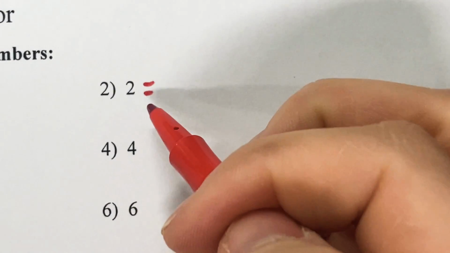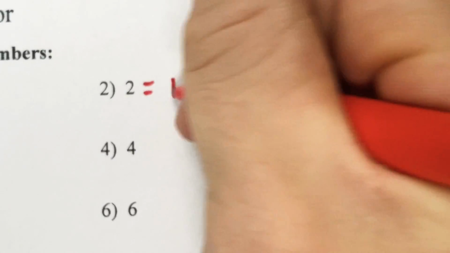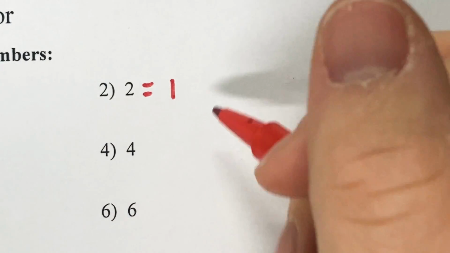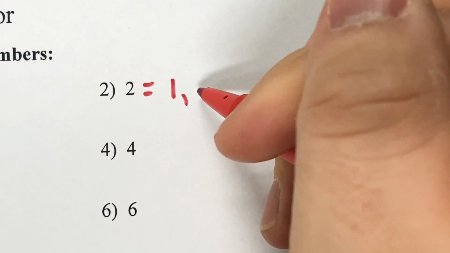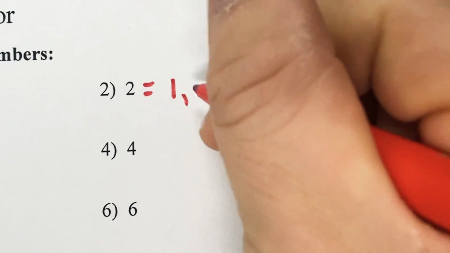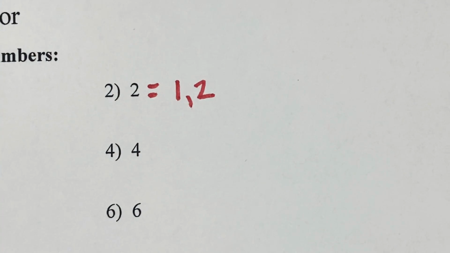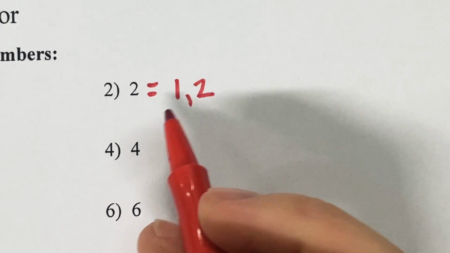Okay, what are the only numbers that can multiply to give you 2? Okay, hint, 1 is always going to be a factor in every single number. Okay, 1 times what will give us 2? 1 and 2. Okay, and those are the only two numbers that you can multiply to get 2.